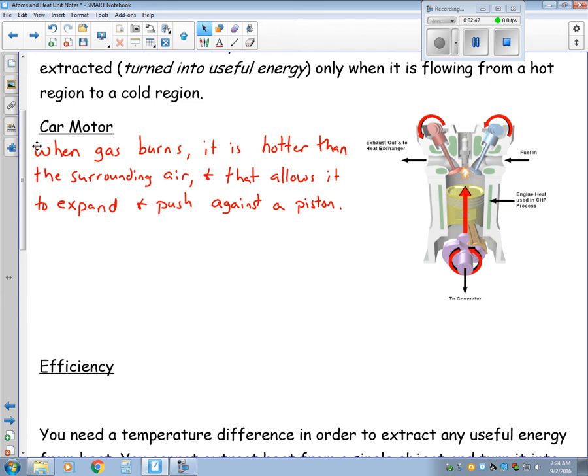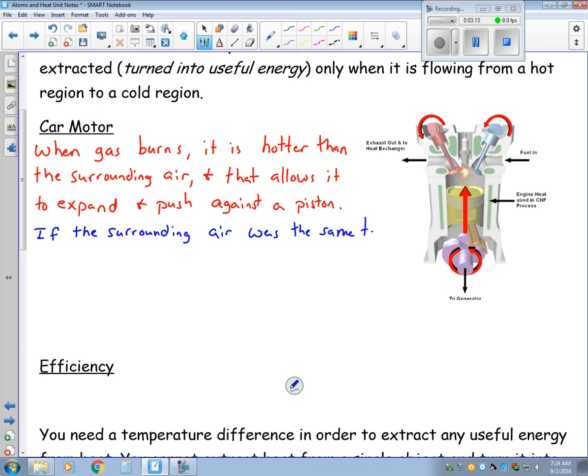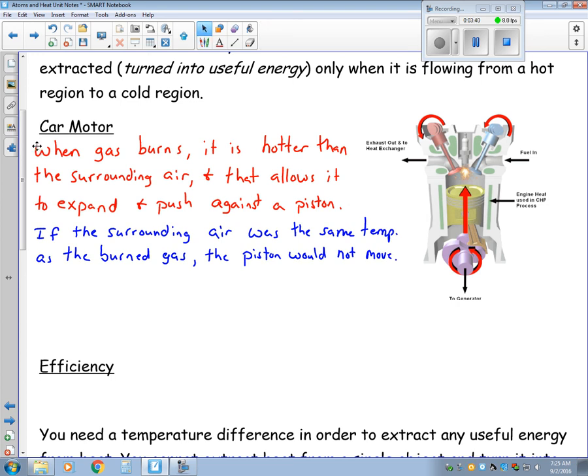Now, what's important to realize, though, is if the surrounding air was just as hot as that burnt gasoline, the piston would not move. The pressures would all be the same.